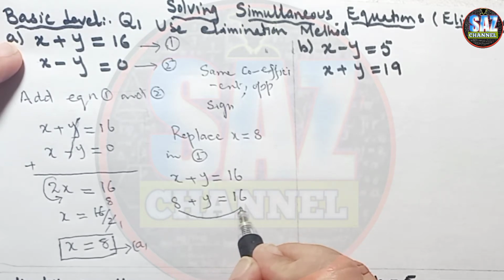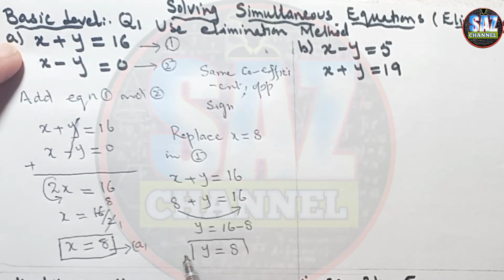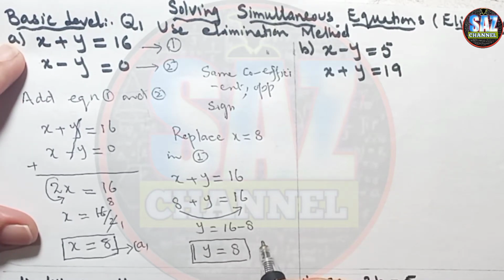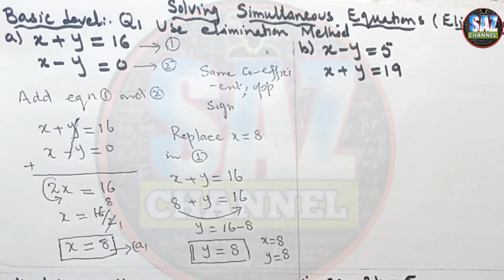Shift 8 to the other side, y equals 16 minus 8, y equals 8. So the solution of the given situation is x equals 8 and y equals 8. I hope you are clear about this question.